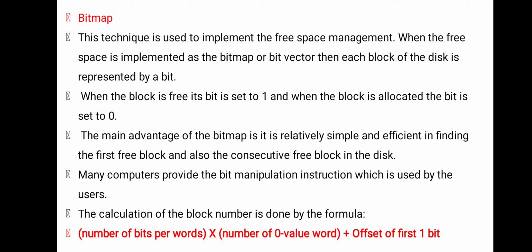We have a number of blocks. Whenever the bit is 1, then that block is free. Whenever the bit is 0, then the block is already allocated. Allocated blocks are represented with 0, and free blocks are represented with 1. The main advantage of the bitmap is that it is relatively simple and efficient in finding the first free block and also the consecutive free blocks in the disk.